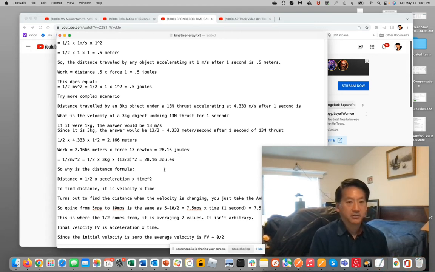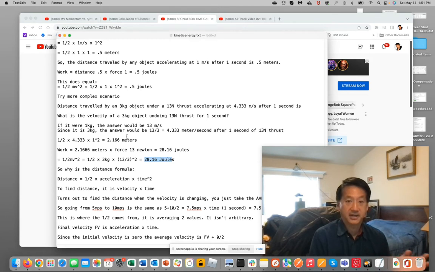Okay, so let's see what happens to the kinetic energy formula. That's going to be 1/2 times the mass, which is 3 kilograms, times the velocity, which we believe is going to be 4.33 meters per second after 1 second, squared. And indeed, after I punched in all the numbers, magically, it ended up being the same.